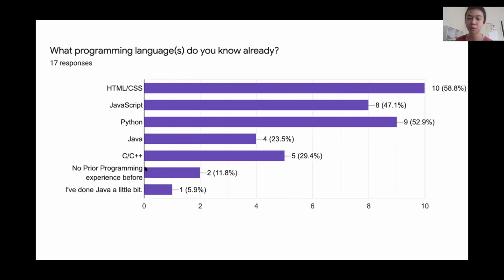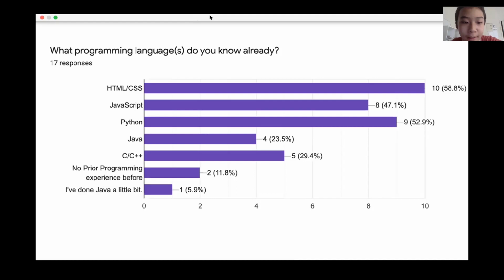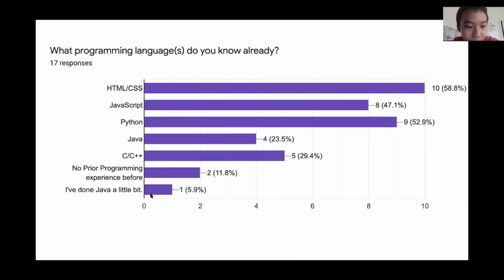Raise your Zoom's virtual hand. If you are unfamiliar with Zoom, in the bottom bar there should be a button that says participants. If you click on it, there should be a button that looks like a blue virtual hand to raise your hand. If you have prior Python experience, please raise your hand.